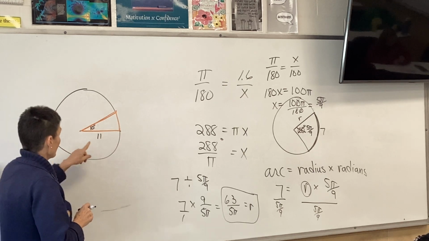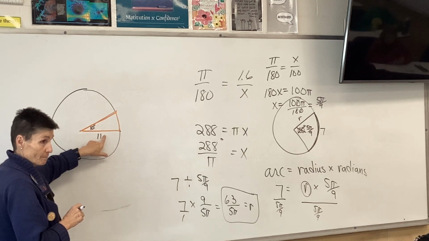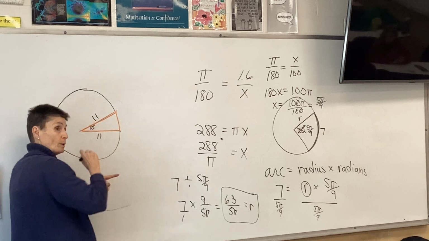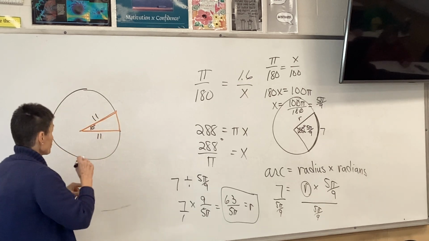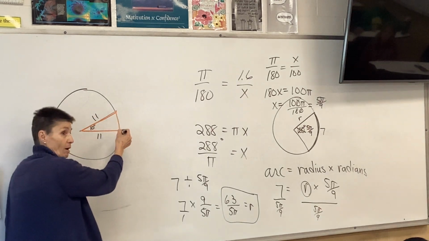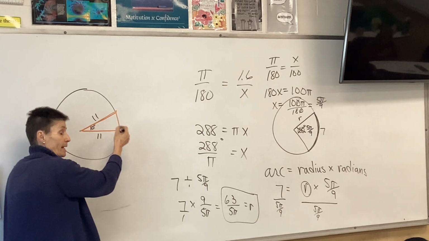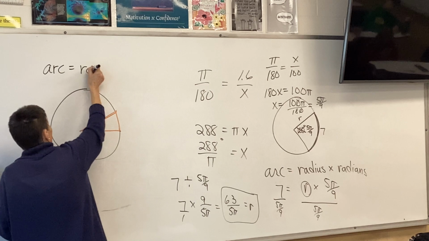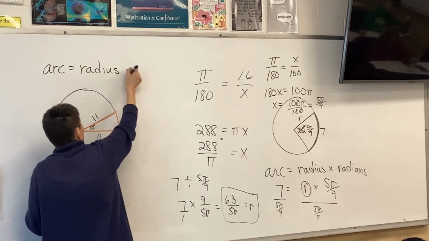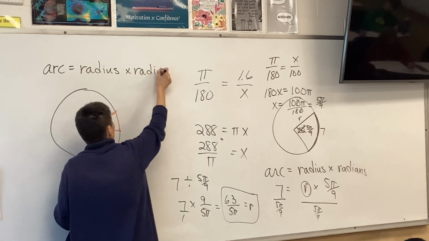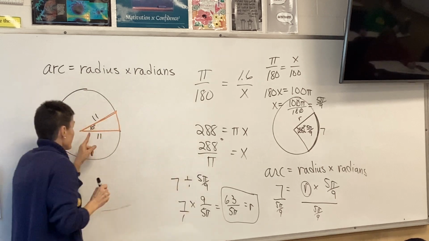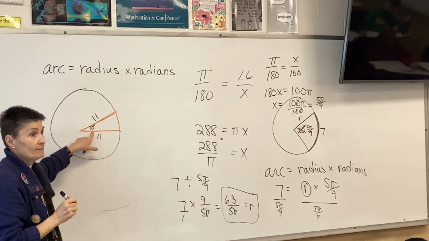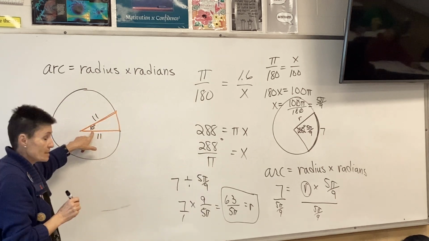Now, what do we know already? We know that's 11, and that one's also 11. So basically, all we have to find is our arc length, right? And how do we find arc length? Arc length equals radius times radians, but oh shoot, that angle is in degrees.